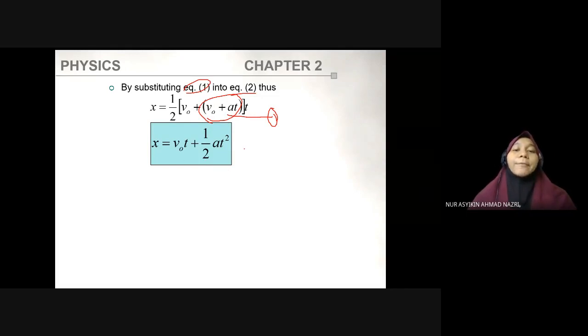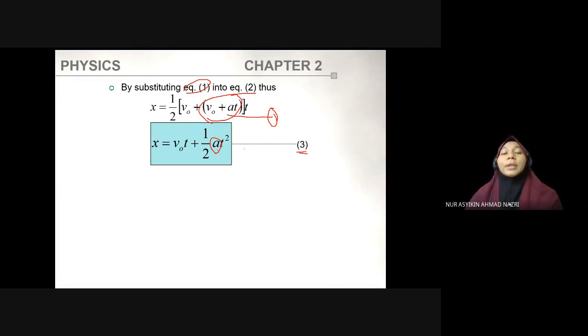So we have three equations, dealing with constant acceleration, for movement having uniform acceleration only.